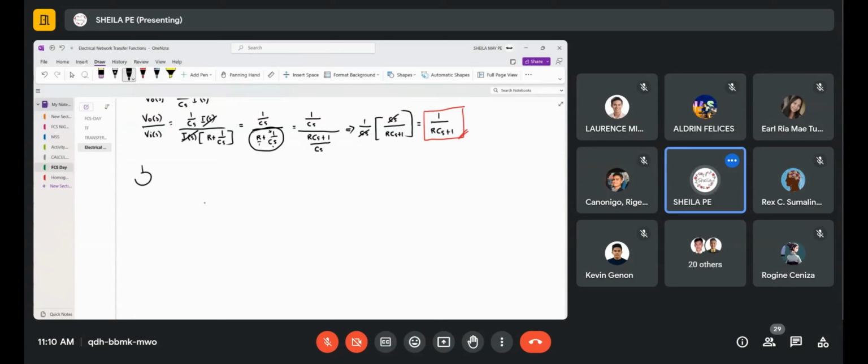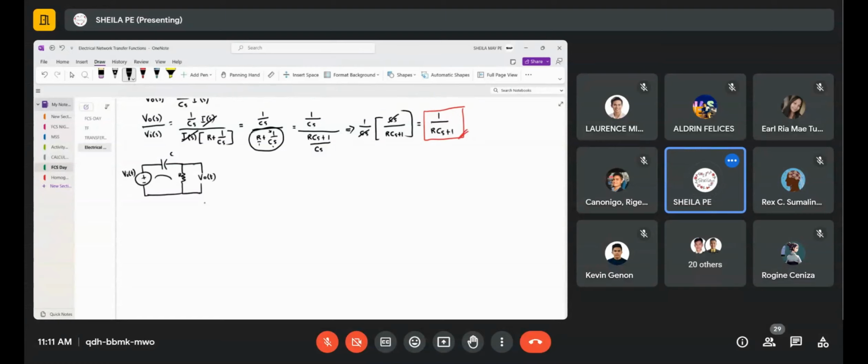So if we have this, this is our C, this is our R. So this would be our input.